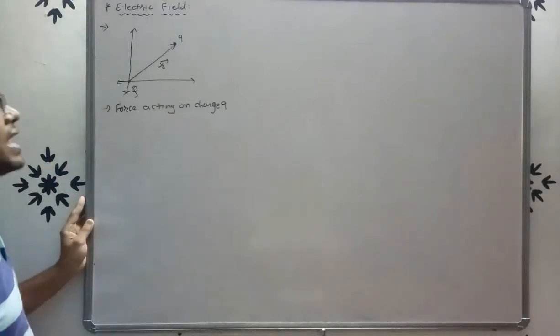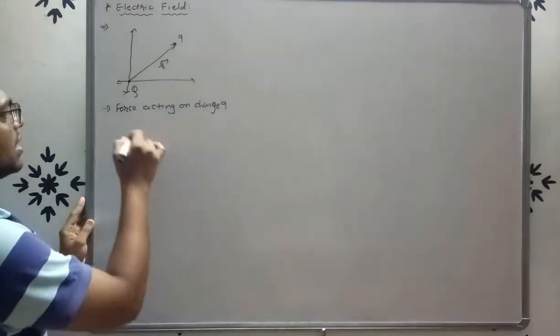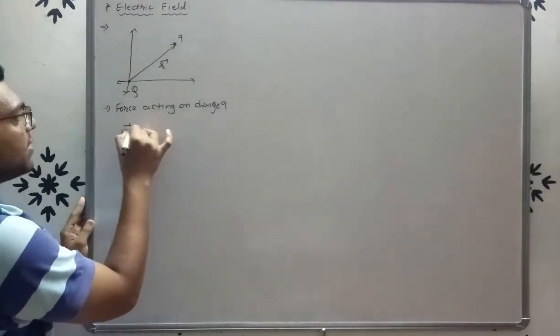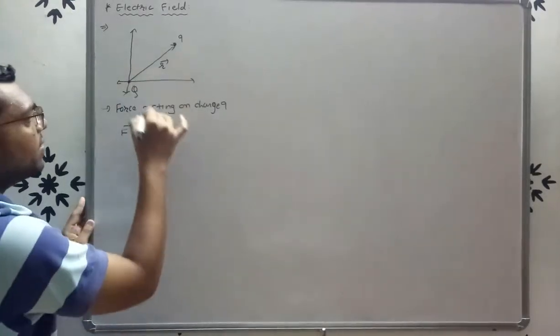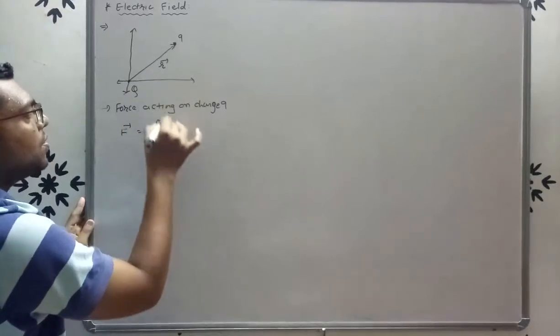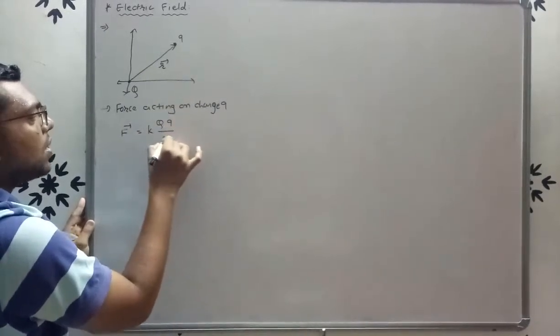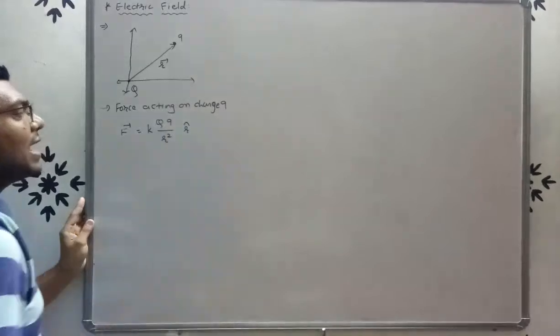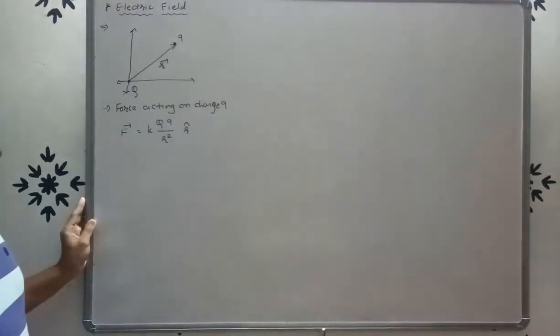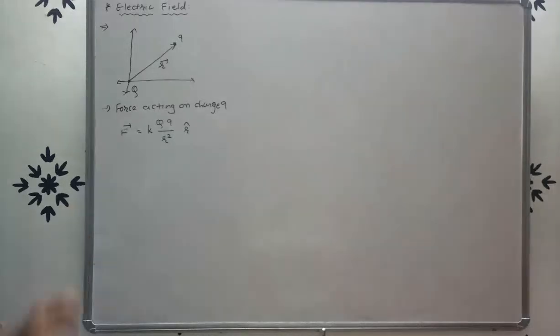So the force acting on a charge small q is given by vector F is equal to K capital Q small q upon r square into r cap, right?